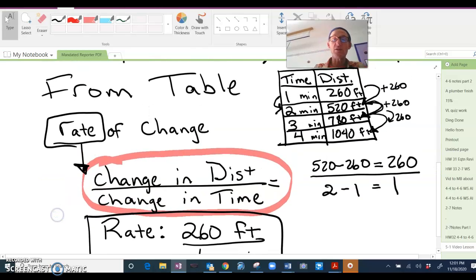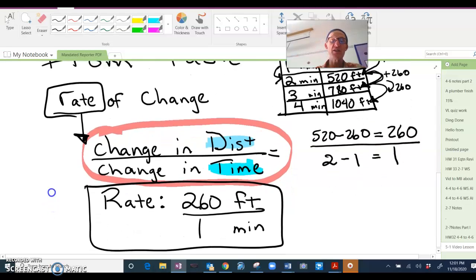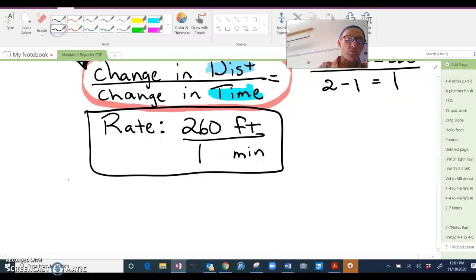Now, what's interesting about this is distance is the output and time is the input. So it's the change in the output over the change in the input.